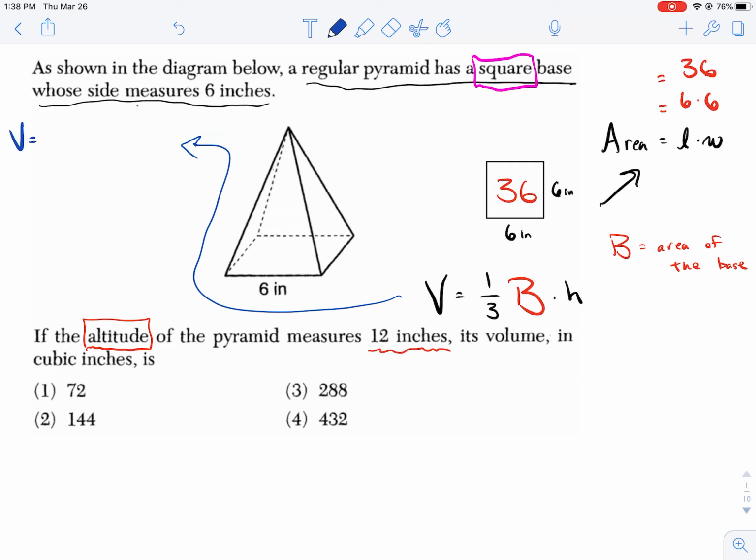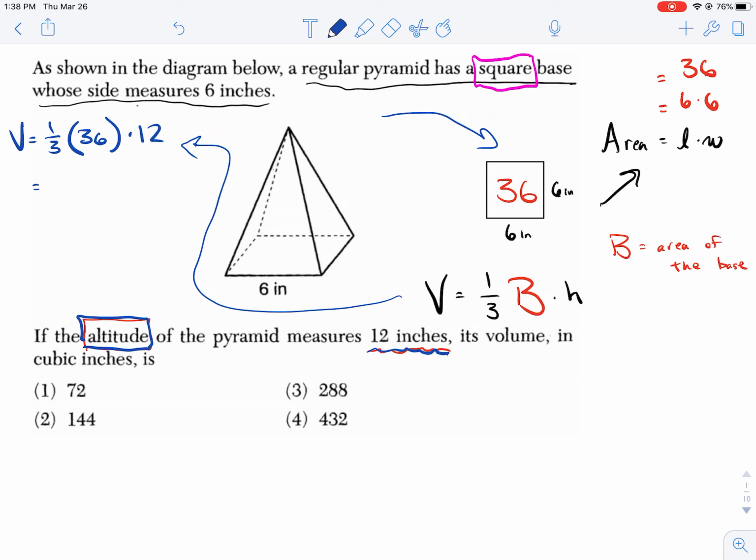So volume equals 1/3 the area of our base, which is 36, times our height, which in this case is our altitude, which is 12 inches.